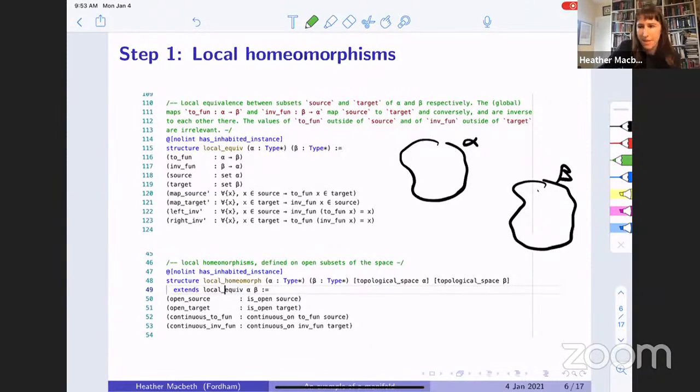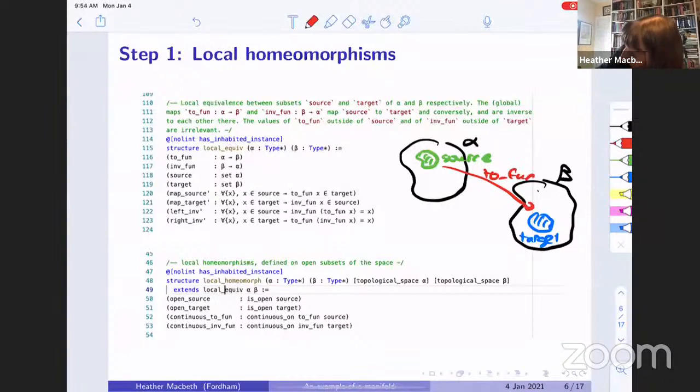So we have these two types, alpha and beta, and we have an identified set called the source in alpha, and an identified set called the target in beta. And we have two functions, the so-called toFun from the source to the target, and the invFun from the target to the source.